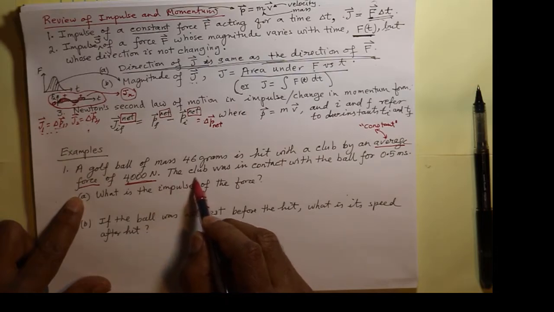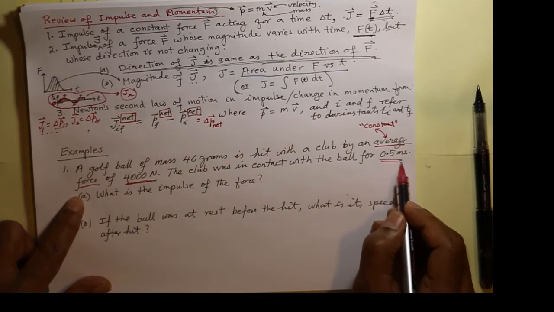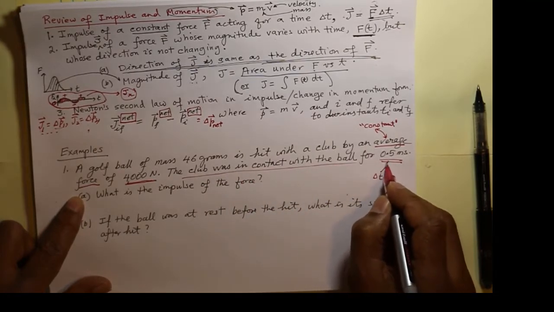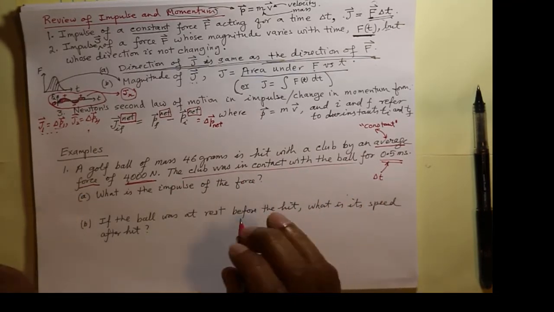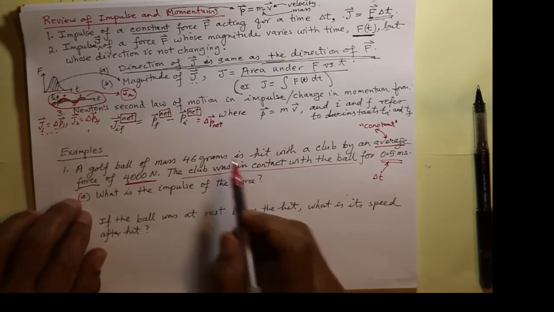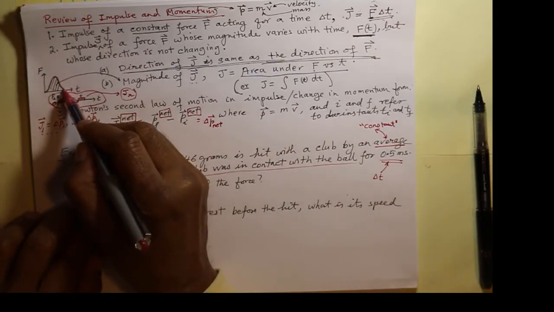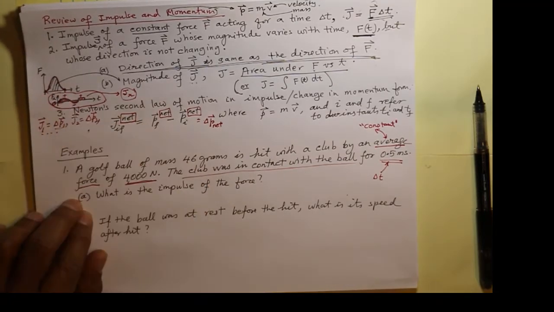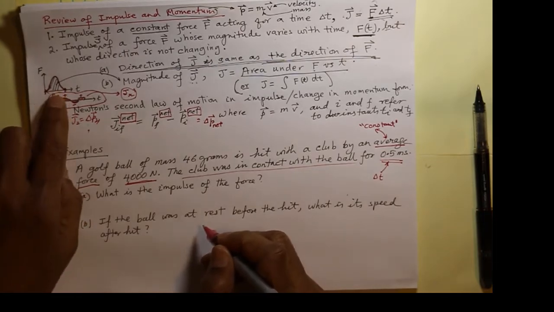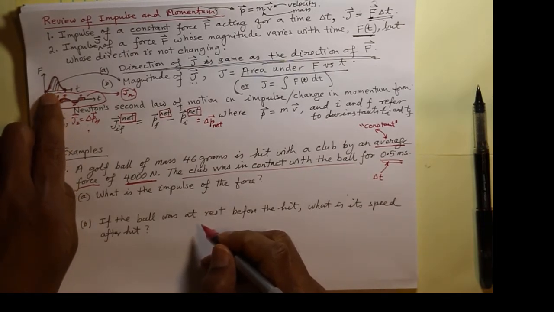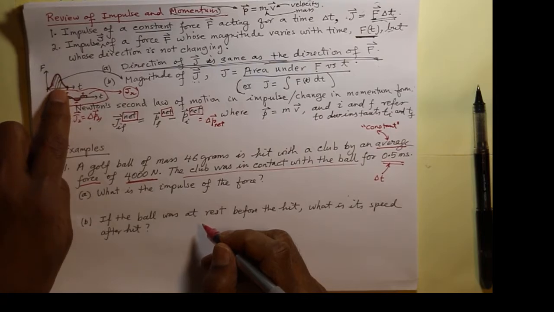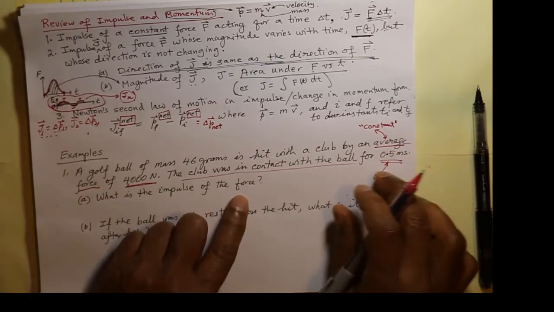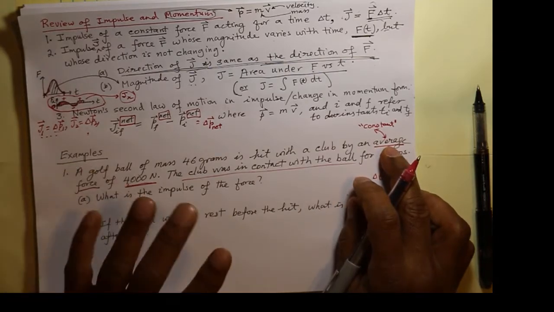It's also said that the club was in contact for this long. So this is the delta t. This is how the information of delta t is given. When you're doing an integration or area under the curve, the delta t is spread out like that, and you can see the force varies, so the question is which value of the force is multiplied. But in the average, you have just one constant force.